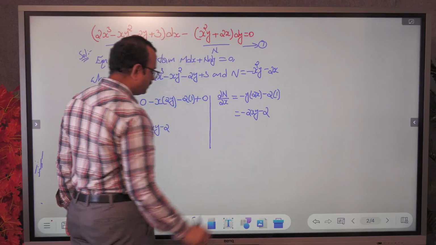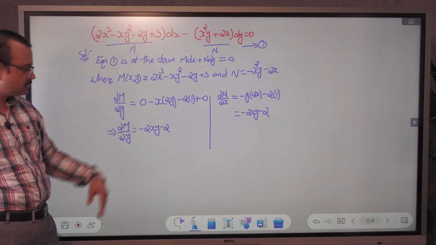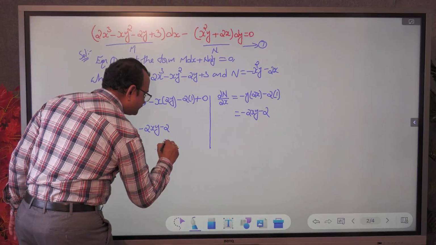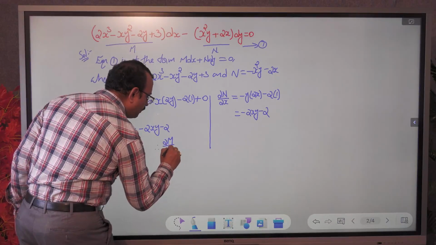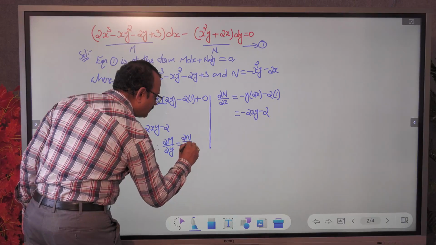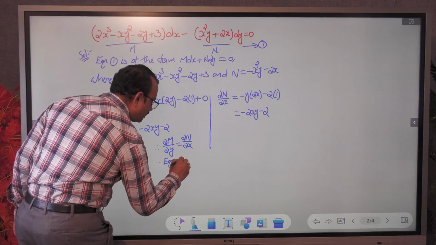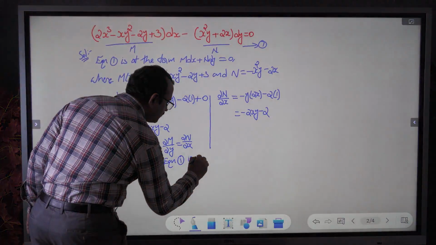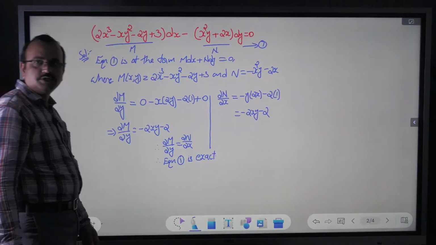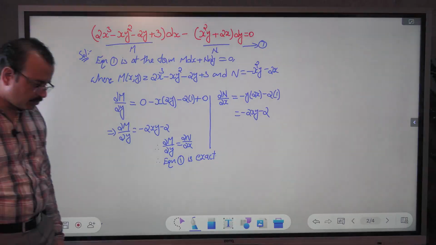If we observe, dou M by dou y and dou N by dou x are both the same. Therefore we can conclude that dou M by dou y is equal to dou N by dou x, so equation 1 is exact, or we can say equation 1 is an exact differential equation.